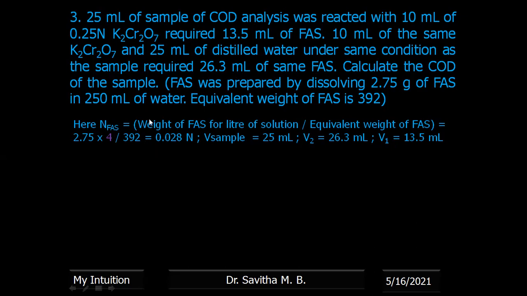Weight of FAS is given as 2.75 grams, but it is given for 250 ml, while the formula is for 1 liter. So you need to convert this 250 ml into 1 liter. We need to multiply by 4. So 2.75 times 4, divided by the equivalent weight, 392, is equal to the normality of FAS.